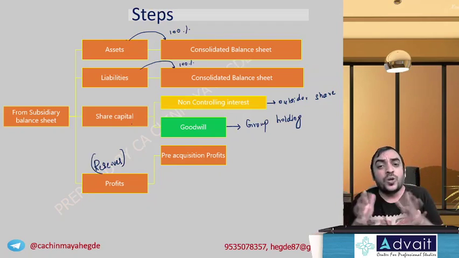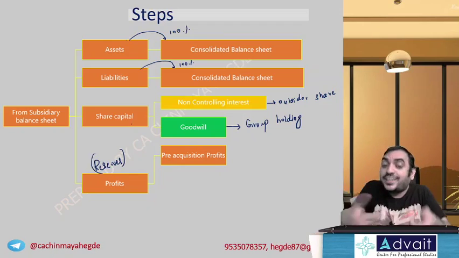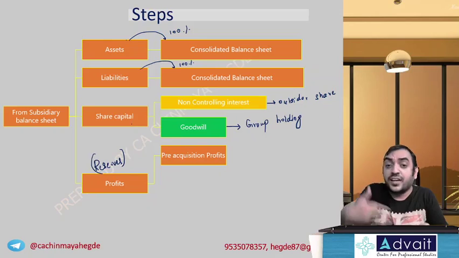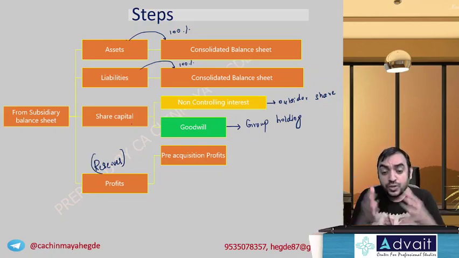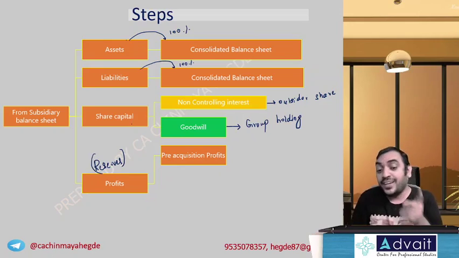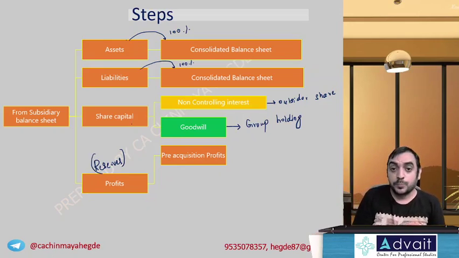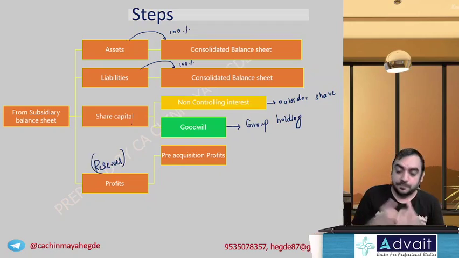The subsidiary company will not know those things, they report reserves as on date. The group, the holding company, the investor should identify, before I purchased their shares, how much profit they made: pre-acquisition profits, profits as on the date of acquisition by the holding company.